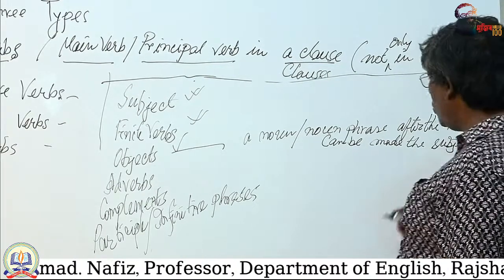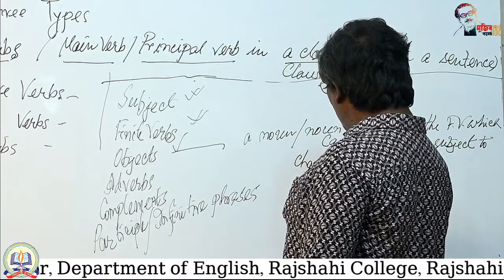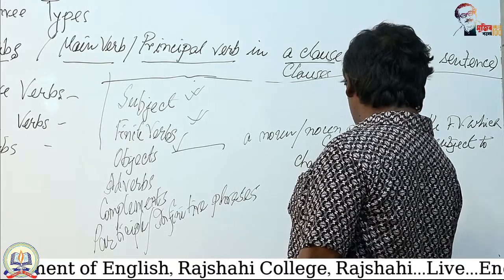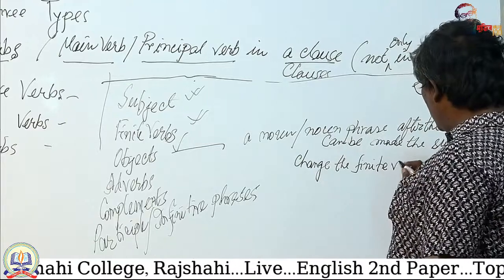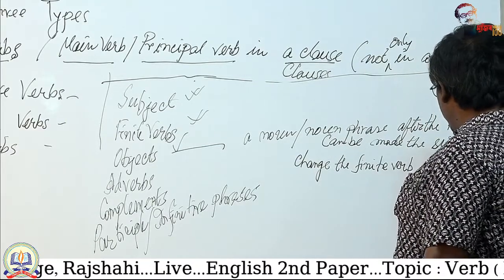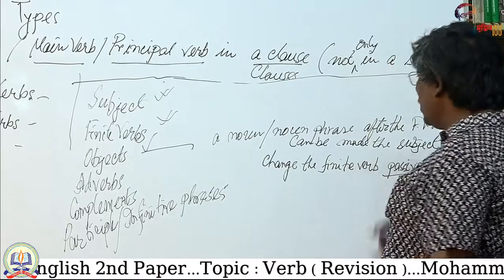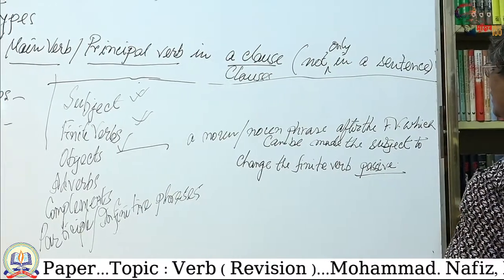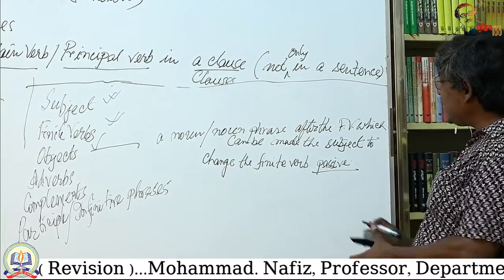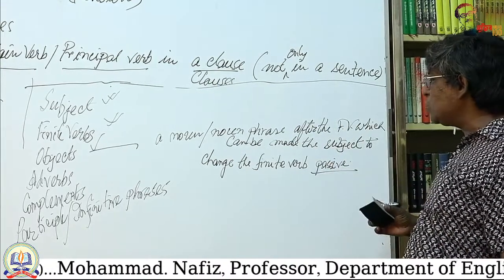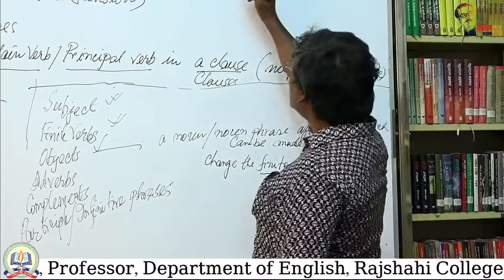An object is a noun or noun phrase after the finite verb which can be made the subject of the sentence to change the finite verb to passive. Let us look at the example.